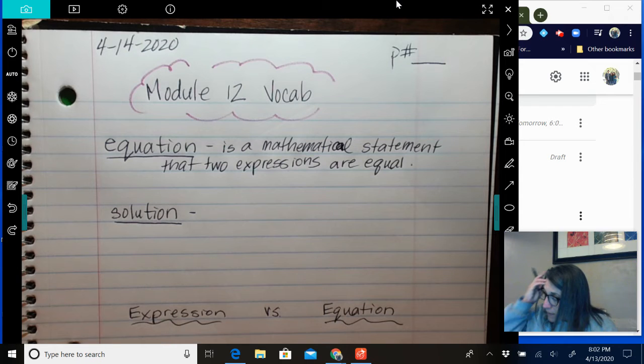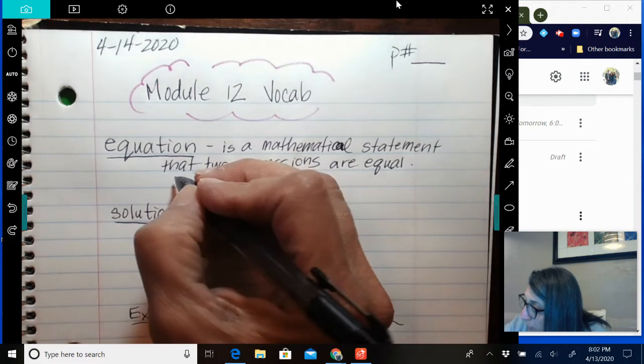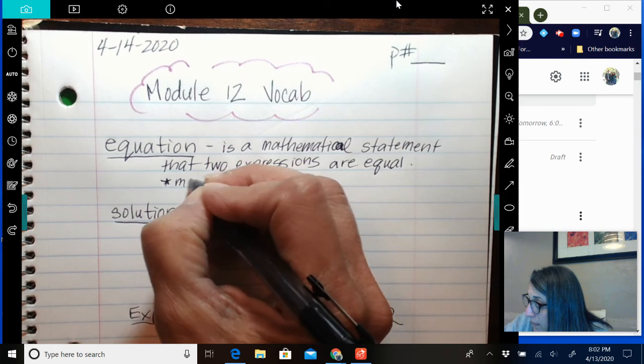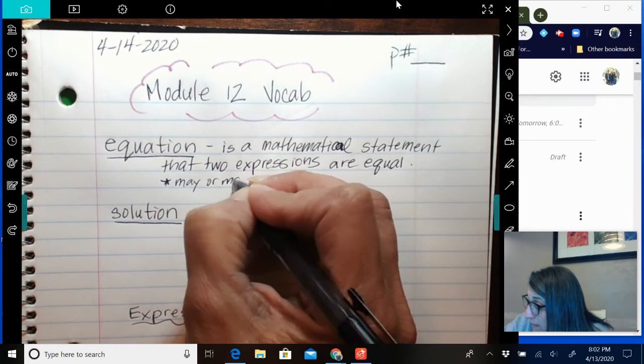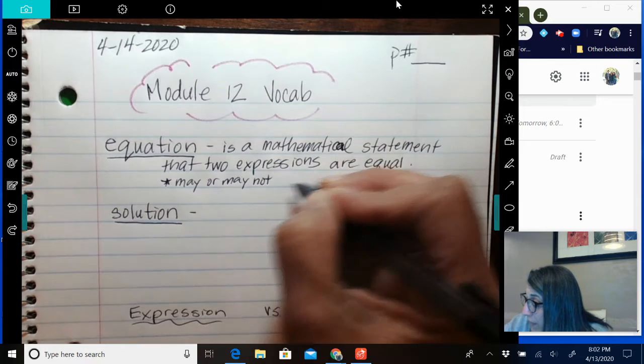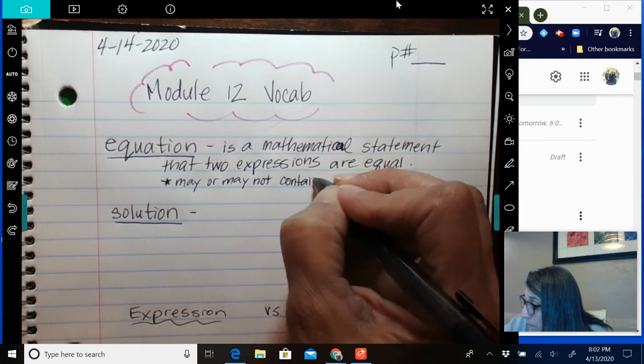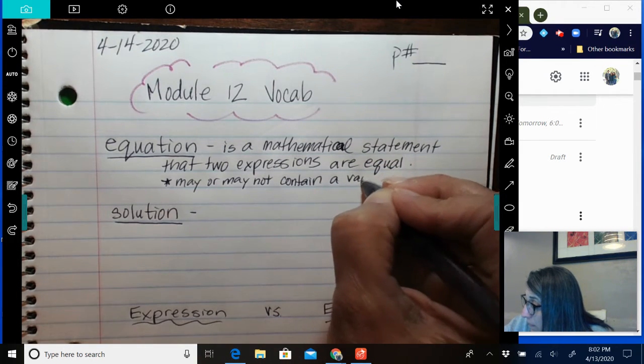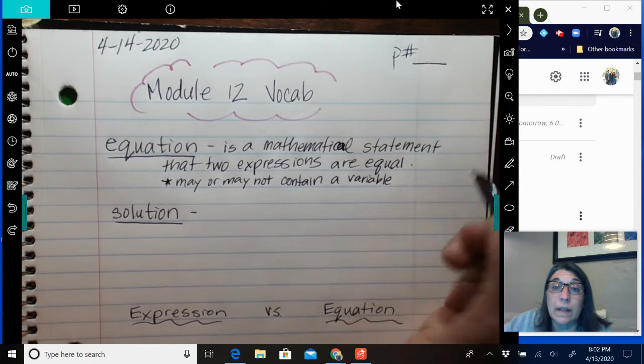Okay, and then solution, well, I'm going to give you a technical definition for solution. Oh, I'm sorry. Also for equations, we're going to put a little star over here: may or may not contain a variable. Okay. What's a variable? Any of those letters.